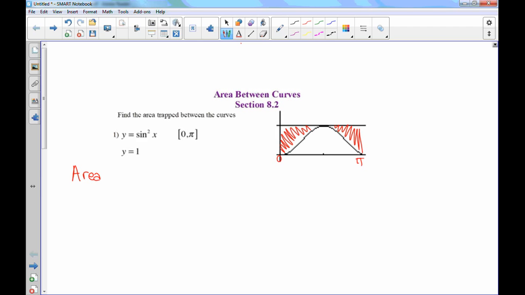Some of you have been setting up in 2 intervals, which is fine, but technically both sections have the same upper curve. So we can do it in 1 interval from 0 to pi of 1 minus sine squared x dx.